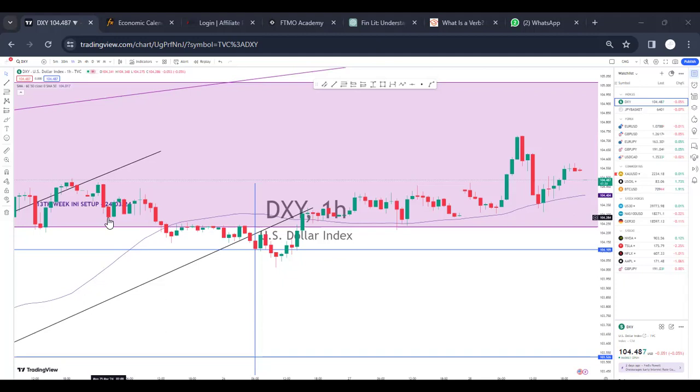When I was doing the analysis, I didn't see this up and down channel, but afterwards I saw it. This is one of the reasons I tell you that even after my analysis for the week, in the course of the week, I do another analysis, and then I'll have to update you.